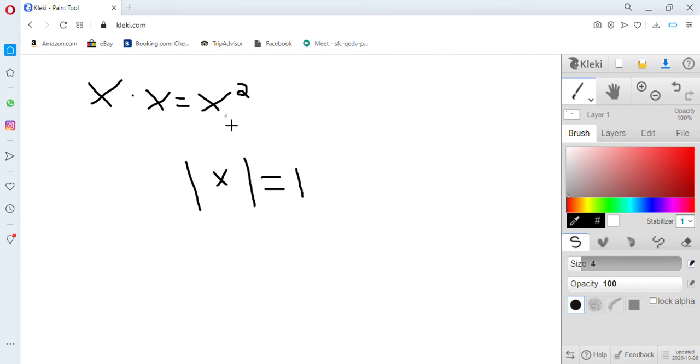So you see, x is getting multiplied 2 times, 1, 2. So you've got x squared, or you can say x to the power of 2.